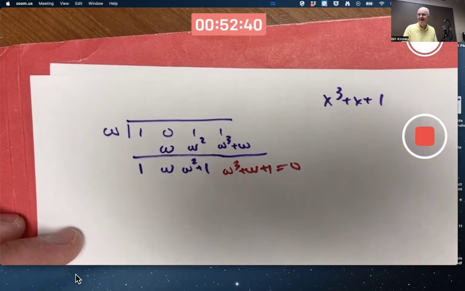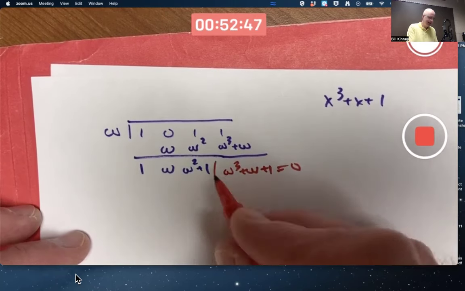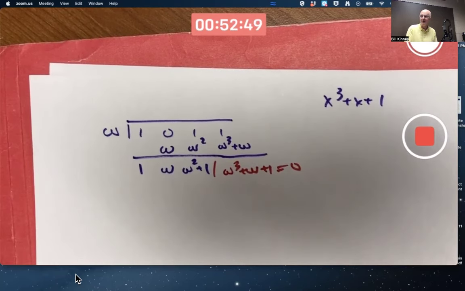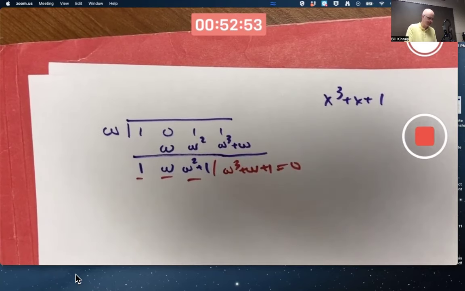Why? Because I already told you it was 0. That's how omega was defined effectively. It had to be, because omega is a root of the polynomial. And these things are the coefficients of a factor.